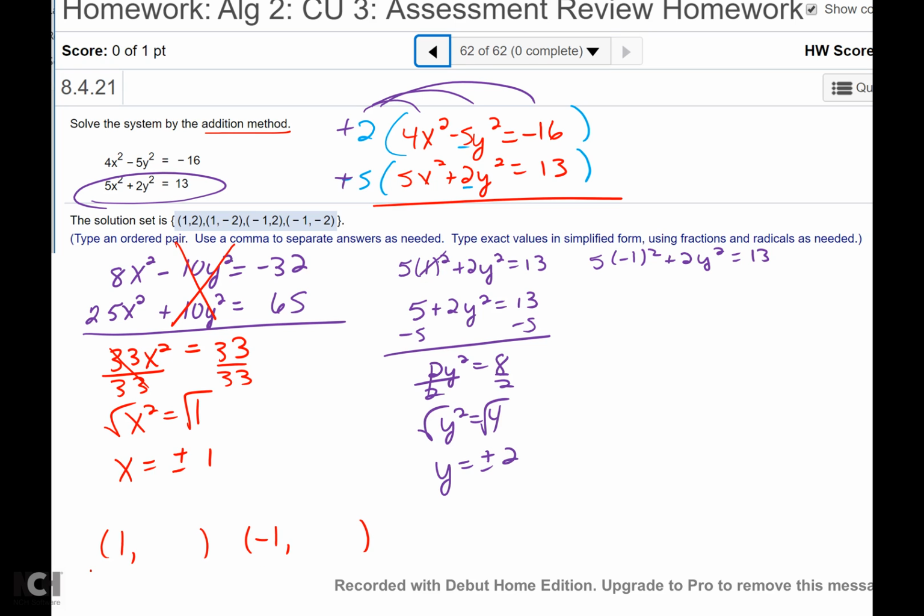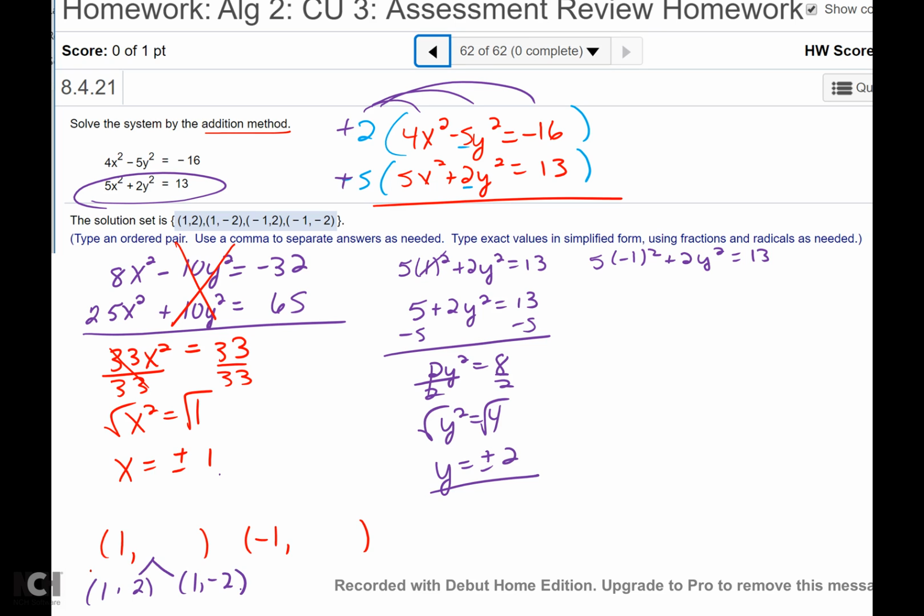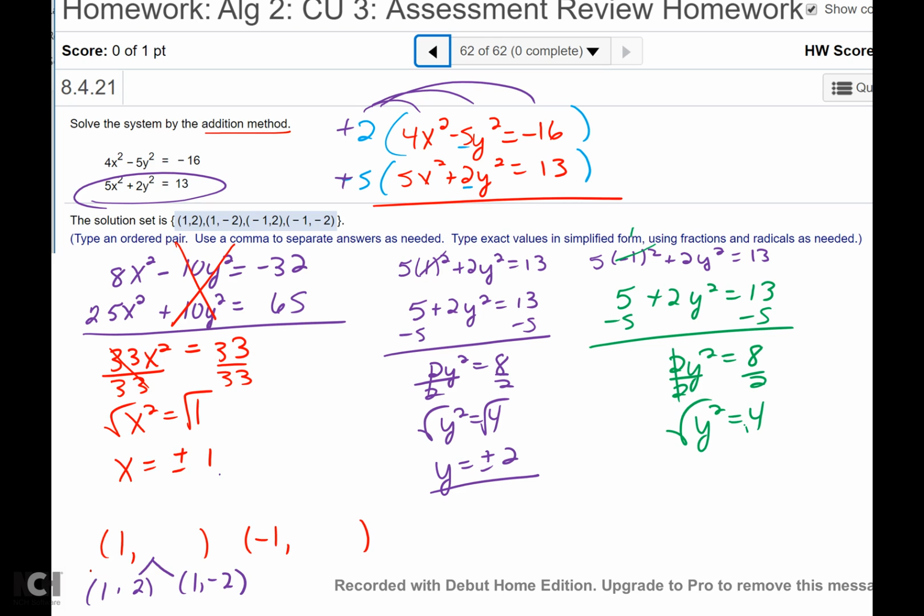because when I plug in positive 1, I actually got two different y's, which means I'm going to have 1 and positive 2, and the other one's going to be 1 and negative 2. If I solve this one, negative 1 squared is positive 1 times 5 is 5, plus 2y squared equals 13, minus 5, 2y squared equals 8, divide by 2, y squared equals 4, square root, y equals plus or minus 2.